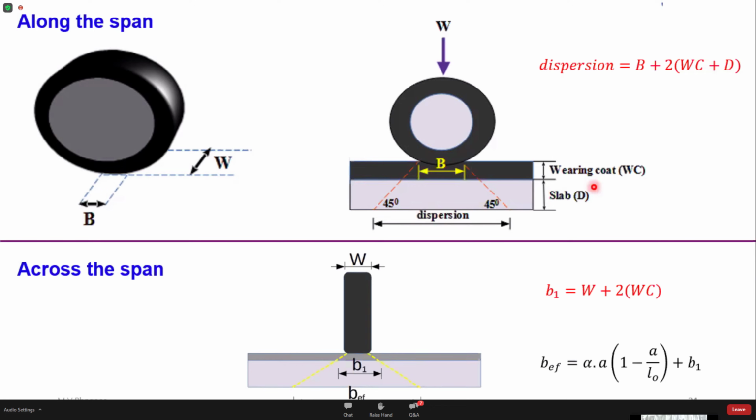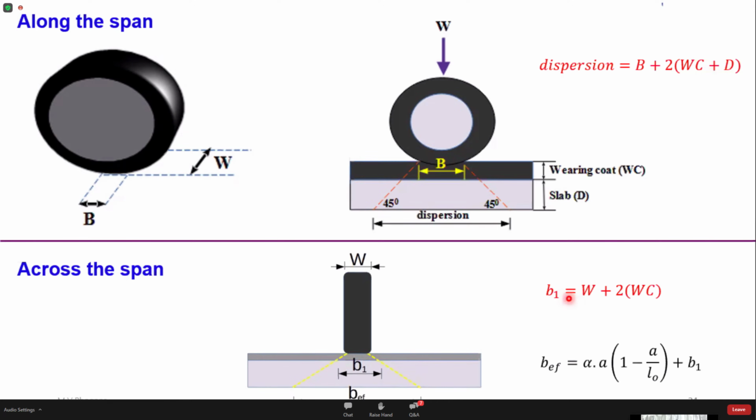Similarly, when I look in the perpendicular direction, or across the span of the bridge, this is how the diagram looks. Here you can visualize that the wheel is moving perpendicular to your screen. When I place this wheel on the deck slab, the width of the wheel is given as W. The dispersion that happens through the wearing coat up to the top surface of the slab is given as B1.